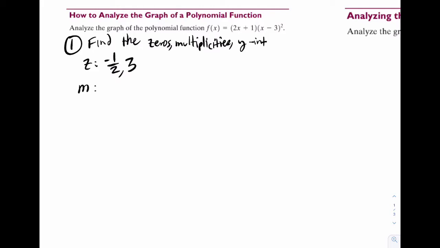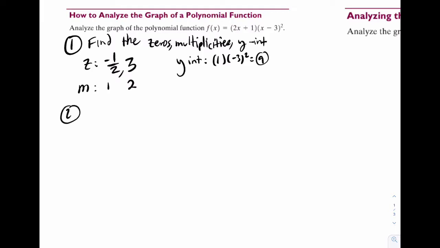The multiplicities are going to be 1 and 2. Again, you look at the exponents here and here. And I can see my y-intercept. Just plug in 0 for x, and we get 1 times negative 3 squared. So that's going to be 9. There's our y-intercept. So that's step one.